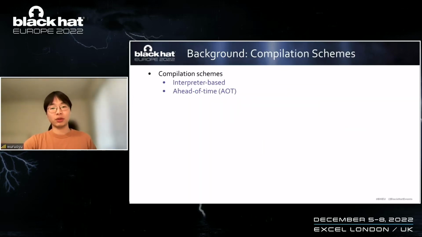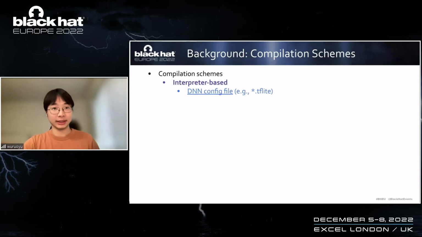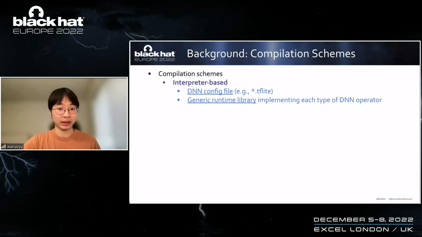In terms of compilation, there are two schemes that compile the DNN model into binaries: the interpreter-based approach and the ahead-of-time, AOT, approach. The interpreter-based approach generates a DNN configuration file, such as TensorFlow Lite, and there's a generic runtime library which implements every type of DNN operator.